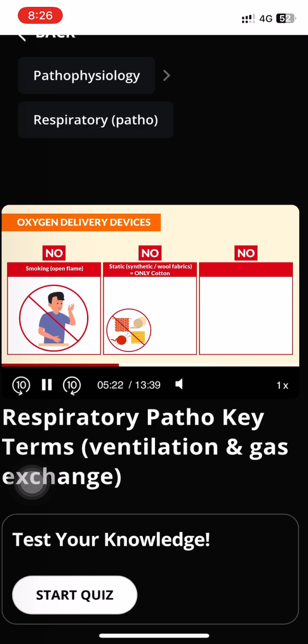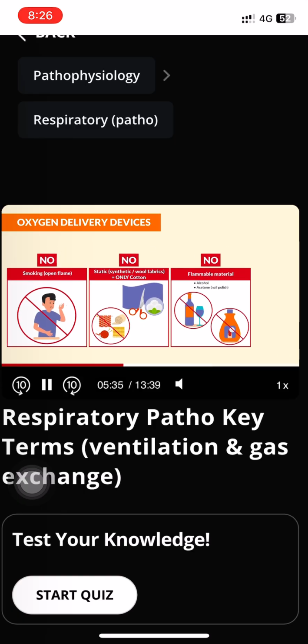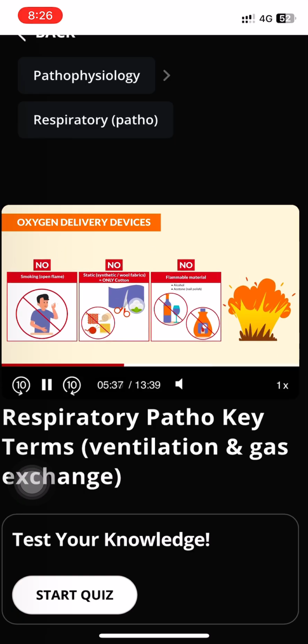And no static, so synthetic or wool fabrics are a big no-no. Only cotton. And no flammable material like alcohol or even acetone inside of nail polish. We're talking a big risk for explosions here. So keep your patient safe and free from blowing up.